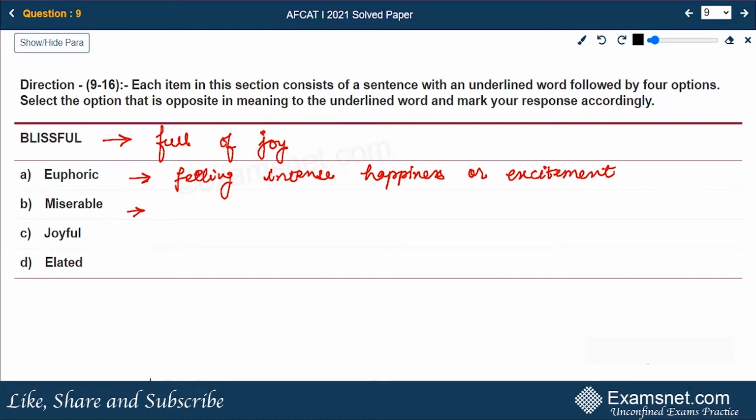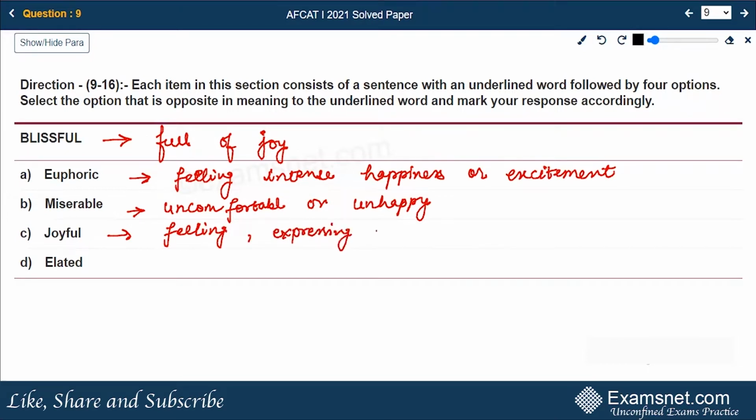That is somebody who is uncomfortable or unhappy. Joyful means a feeling of happiness, feeling or expressing or having great happiness.